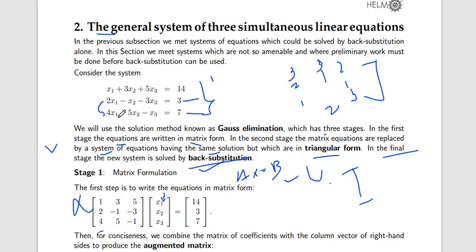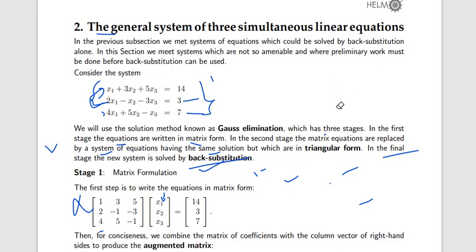First of all, if we want to remove one variable from the first and second equations, we multiply the first equation by 2: 2x1 plus 6x2 plus 10x3 is equal to 28.